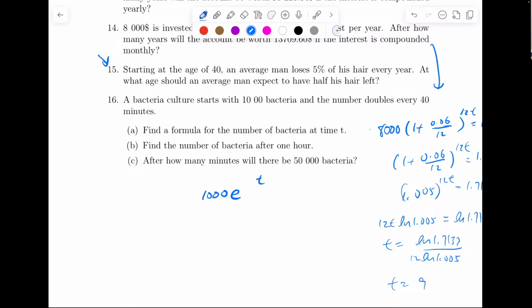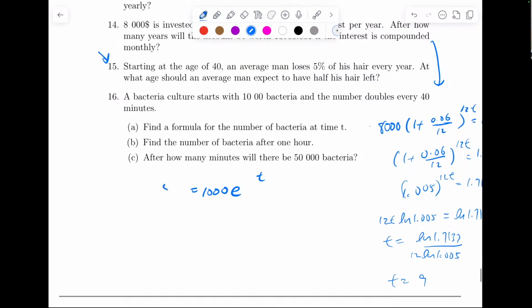Why are we just putting 1,000 there? You start at 1,000. What is half of his hair? 500.